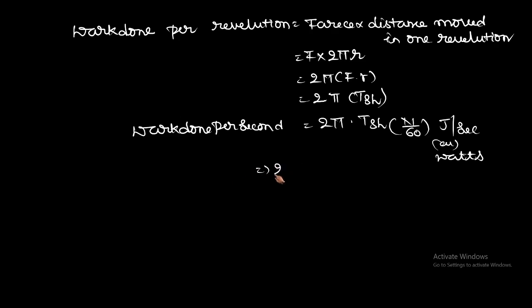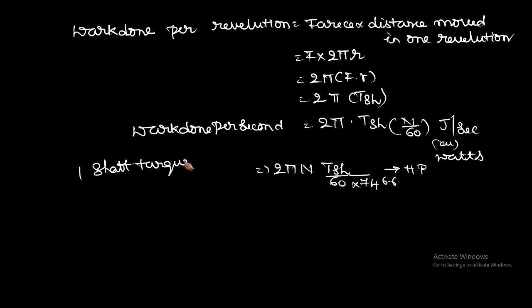So 2 pi N Tsh divided by 60 into 746 converts it to horsepower. The shaft torque is also known as brake horsepower. This is the complete information.